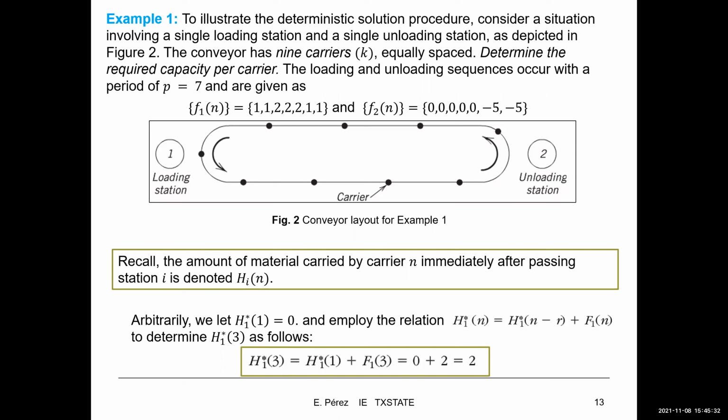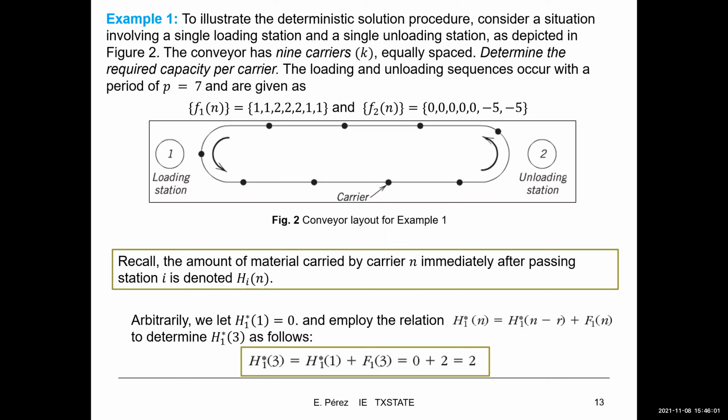Okay, so we arbitrarily let H1 star of 1 equal to 0. And then we use that, basically stating that we start with 0 in our carriers. And then we employ this relation in order to find the rest of the sequences. So for H1 star of N, we are going to employ the following relation.